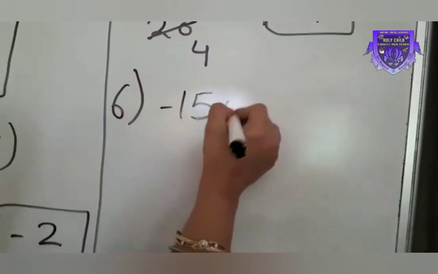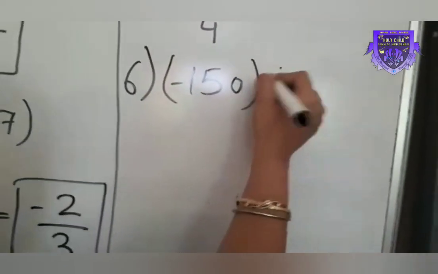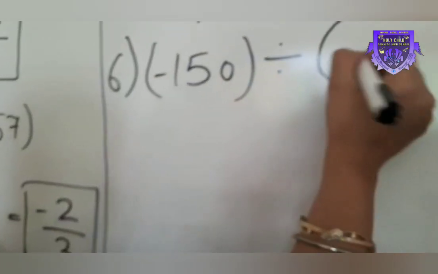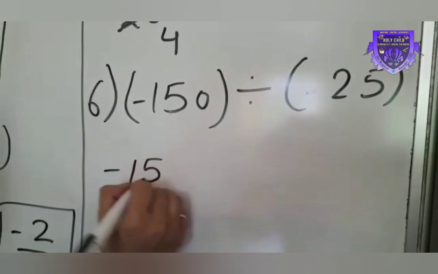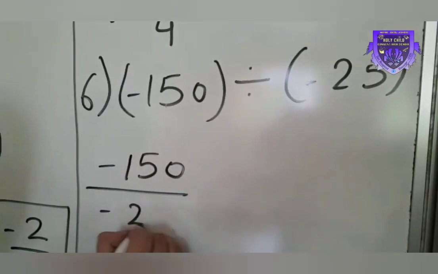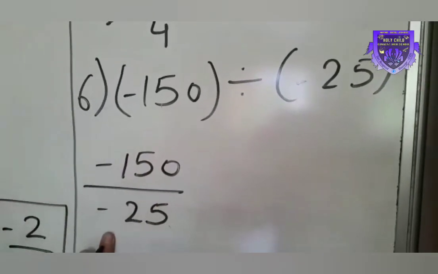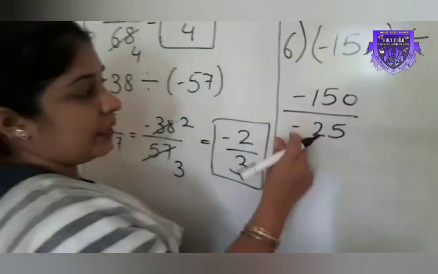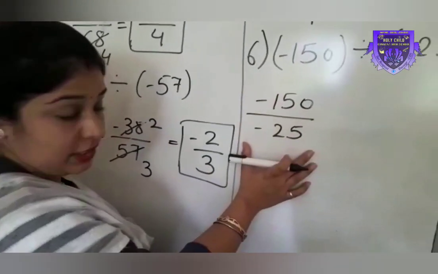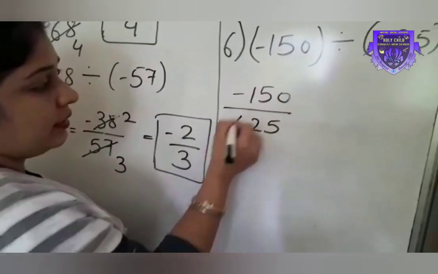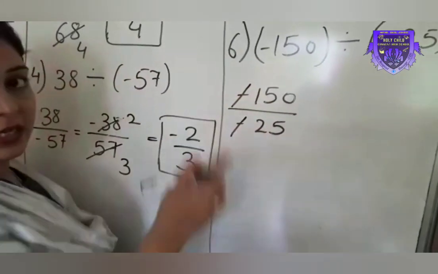Last, sixth sum. Minus 150 divided by negative 25. Yeah, we will write in the fraction form. In an earlier example, we saw that when two negative integers are divided by each other, the negative signs will be cancelled with each other.